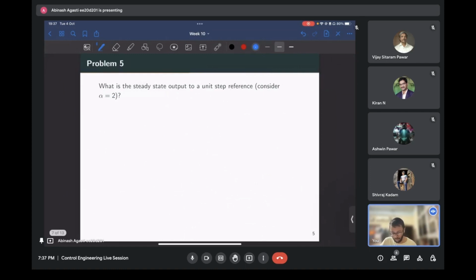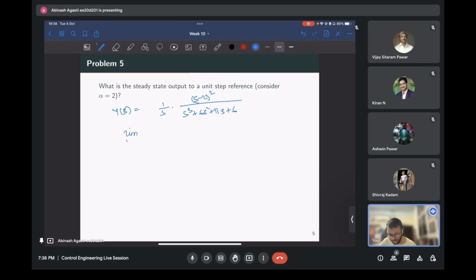Okay. So then what is the steady state output to a unit step reference? So again, we had y of s, this was 1 by s, the input, into s minus 2 whole square by s cube plus 6s square plus 11s plus 6, right? Then we want to find the steady state value.